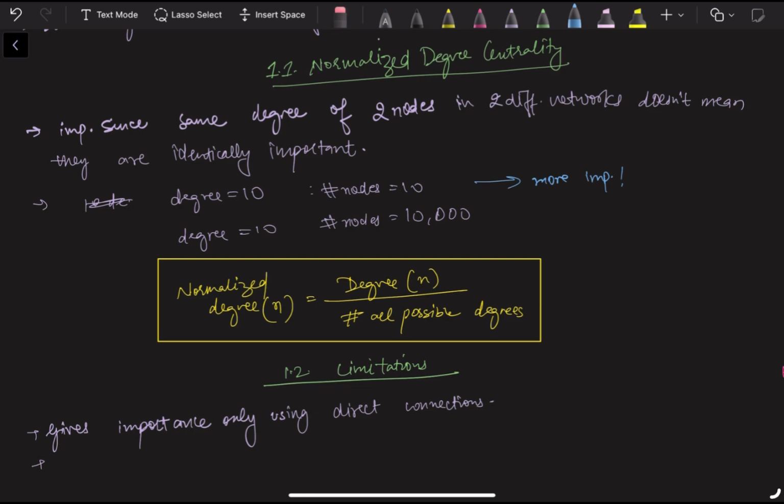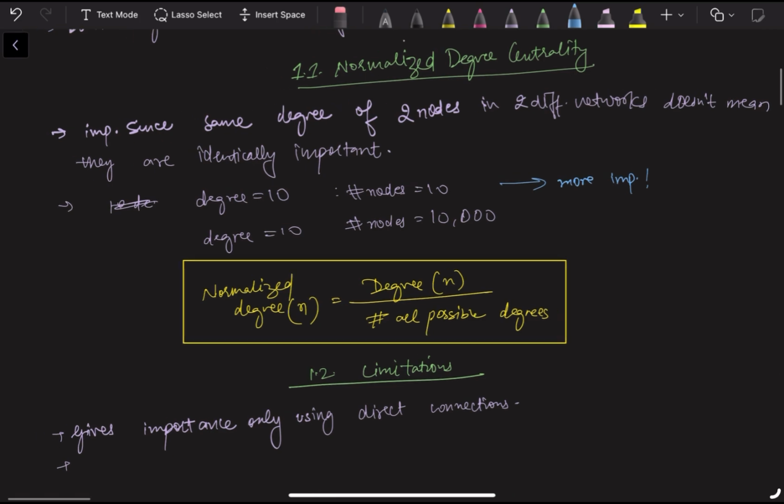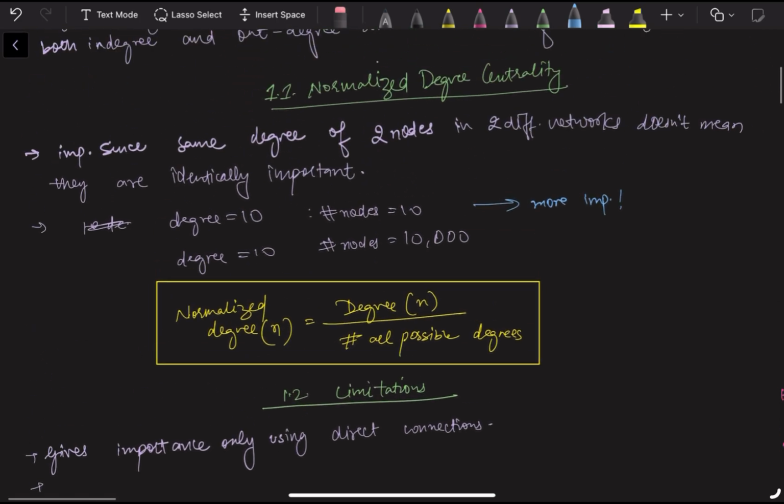Let's say there are 10 nodes and a node has degree 10, it is more important. But if another node also has degree 10, but the total number of nodes is 10,000, then obviously the node in the first graph is much more important. That is why we normalize degree centrality.